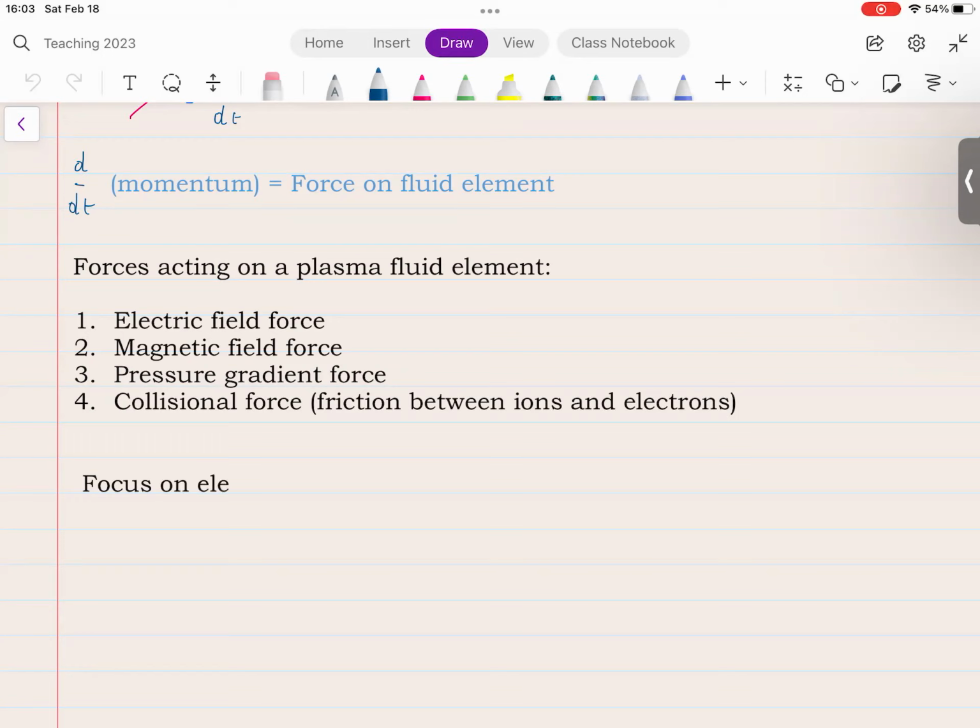We can then redo the same exact thing for ions, which I'm not going to do. I'm just going to infer the results. Then we're going to have a fluid element that contains a certain number of electrons. Let me call it n sub e, which is going to be equal to the density of the electrons times the size of the fluid element.